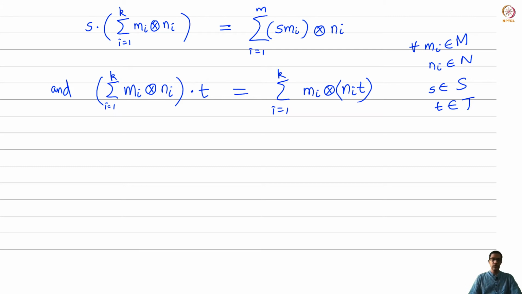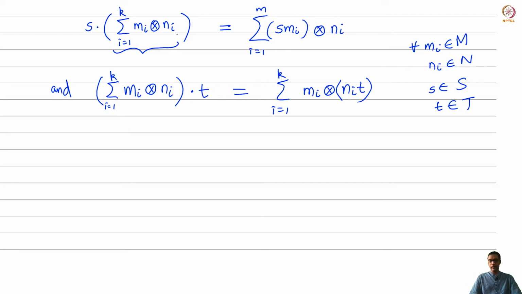Now the point is, as we did once before when we talked about functoriality, we can't use these as the definitions per se. You need to do something else to show that there exists such an S-T bimodule structure which satisfies these properties. You can't quite start with these as the definition, because then we will run into well-definedness problems, because the same element of the tensor product may have many different expressions as a sum of mi tensor ni's.